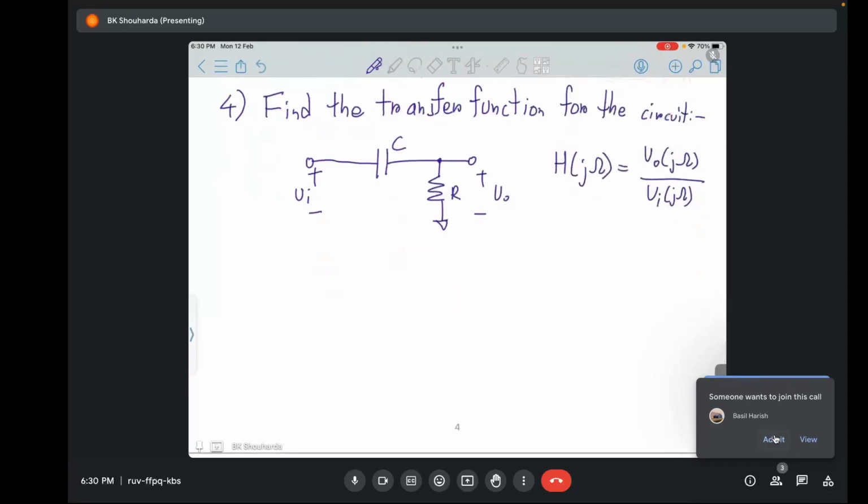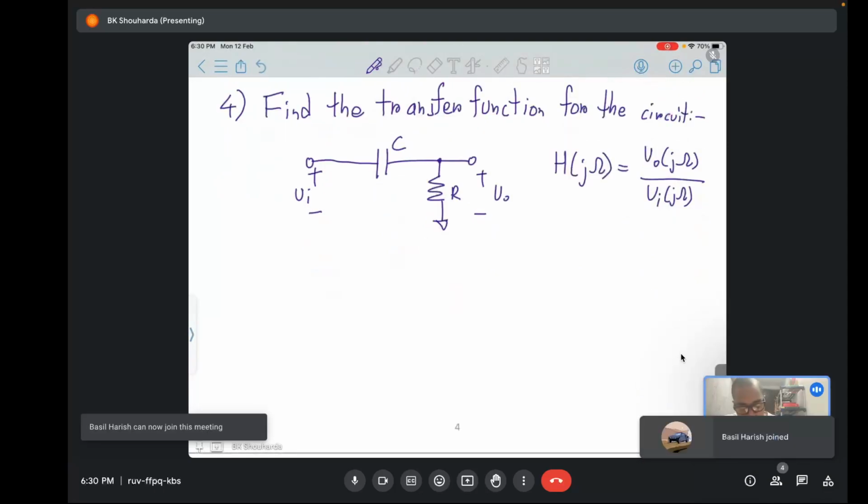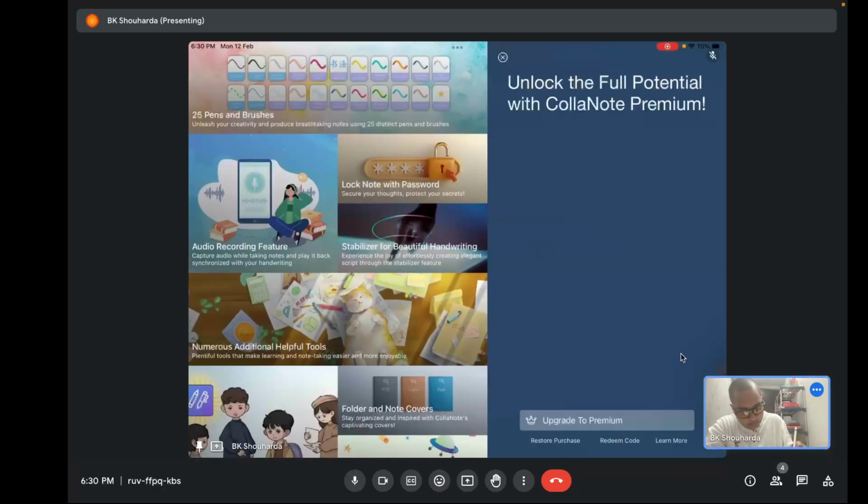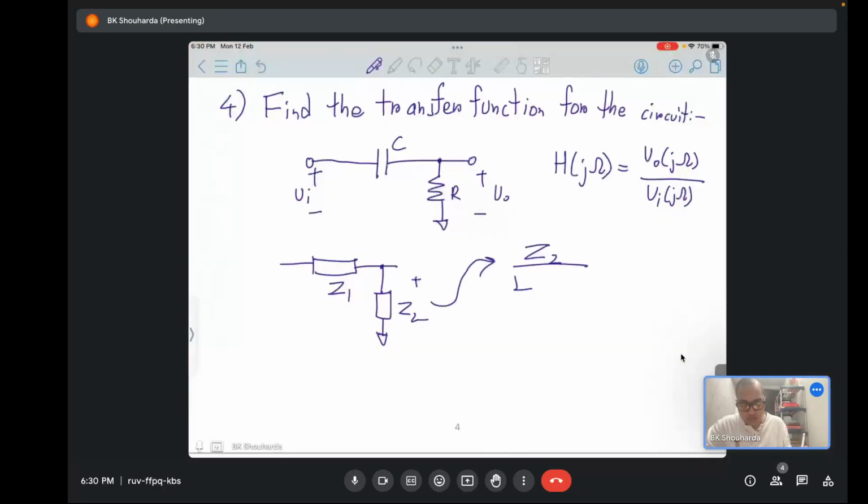So how do we solve this? This is a simple divider circuit where you have Z1 as one impedance and Z2 as the other impedance. You are taking the output over Z2, so we write the output as Z2 by Z2 plus Z1.